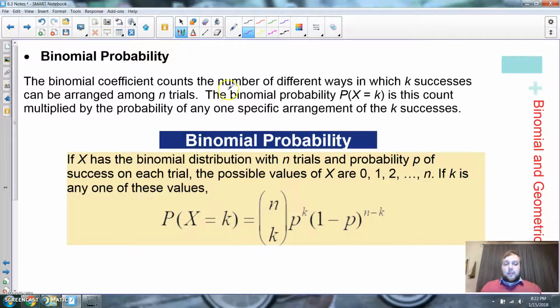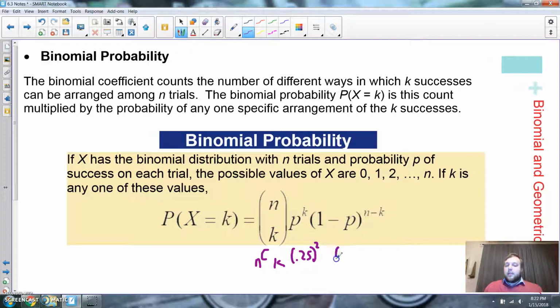I've got 2 more minutes. Let's see if I can maybe knock out one. They have a shortened formula. Remember, this is the nCk, and then we take the probability of our successes. For instance, our case was 25%. How many did we want to have successes? We wanted 2. This is just kind of shorthand.